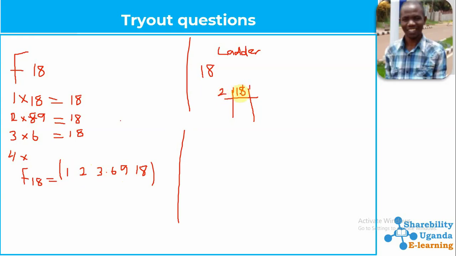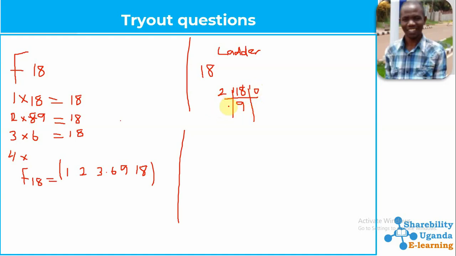So when we divide 18 by 2, we shall be able to get our 9. When you divide 18 by 2, you bring the answer here, because our remainder is supposed to be written here, should be 0.